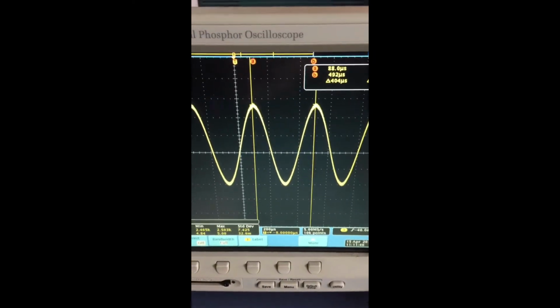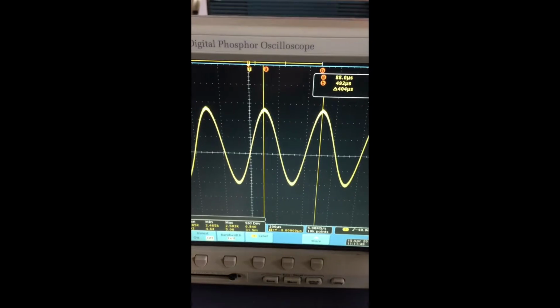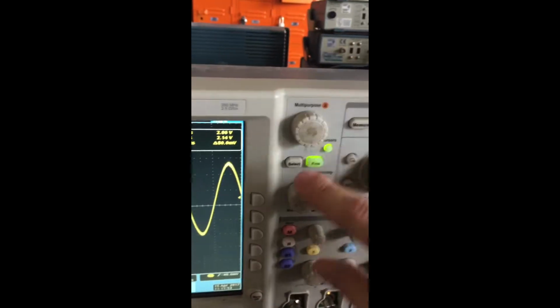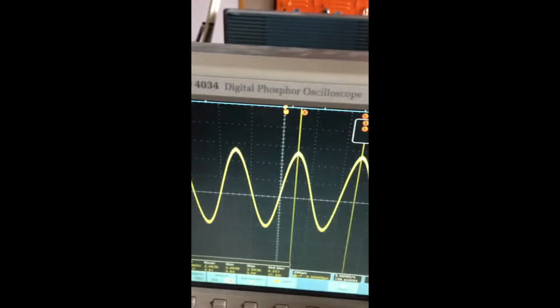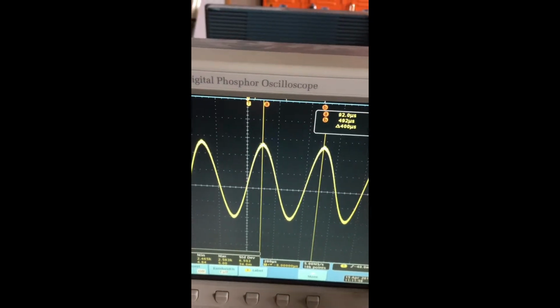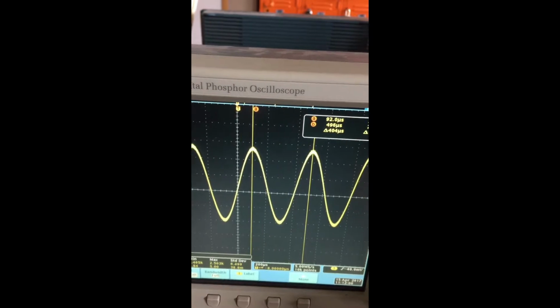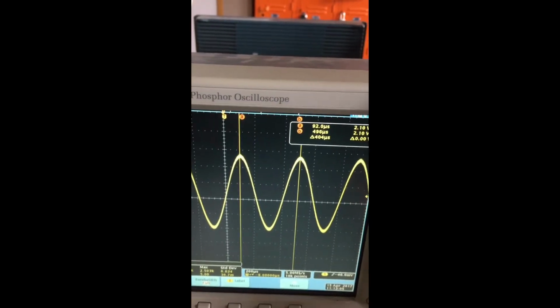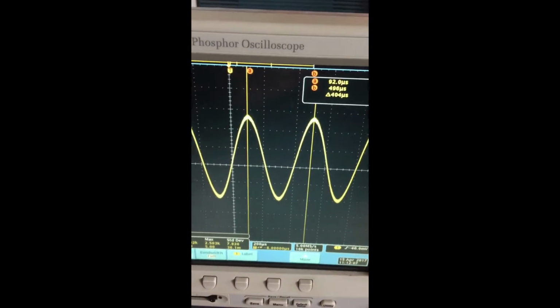In order to determine the frequency without using the measurement function, you use these two little knobs to adjust these cursors, and I've got them set to about the peak point for these two sections, which is just one period.